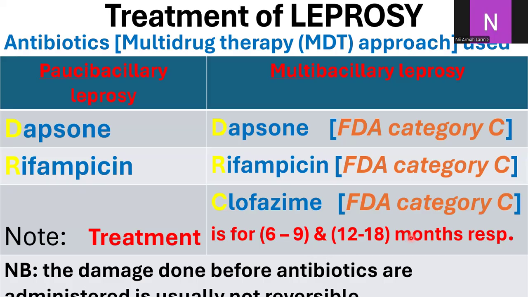So our drugs are not to reverse damages. The drugs are antibiotics that clear the mycobacterium. Again, note that leprosy or the mycobacterium involved, leprae or lepromatosis, is an atypical bacteria.